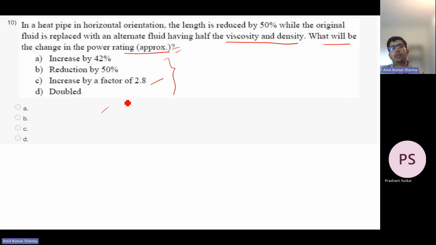So you have to find out what will be the change in power rating if you are changing the fluid. So take 2 minutes to think about it. Let me know the answer. The focus should be on the half viscosity and density.